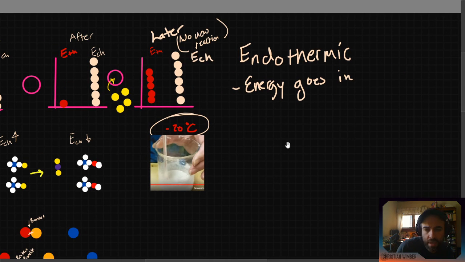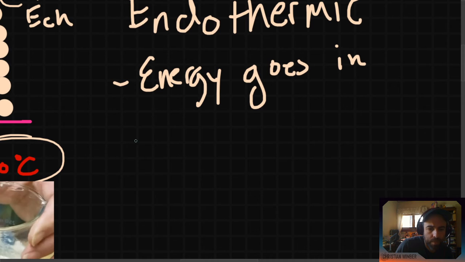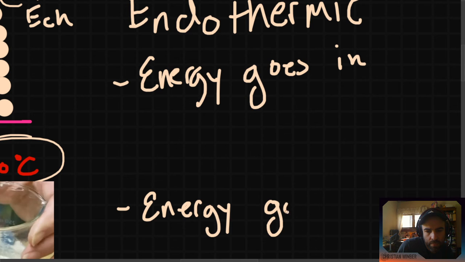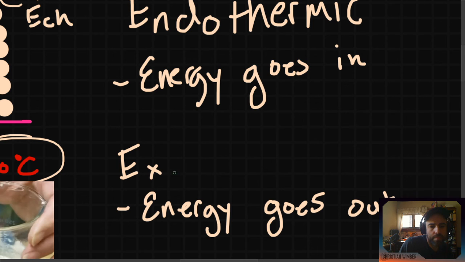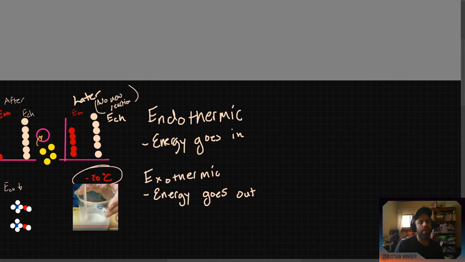I gotta zoom in so I can actually write legibly. There is one where energy goes out. This is exothermic. So an exothermic process or an exothermic reaction is something where energy goes out.